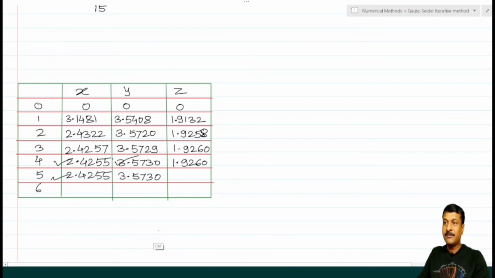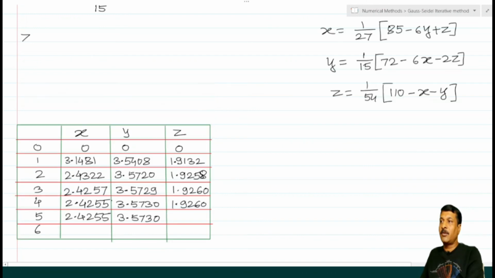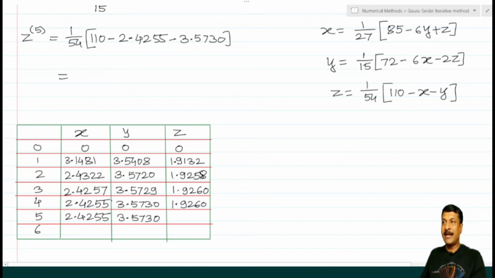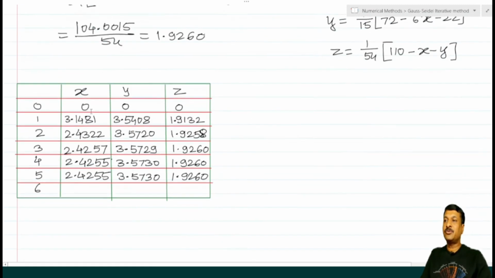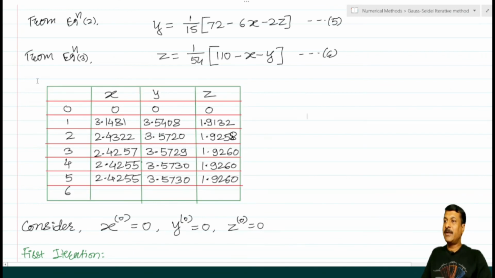You can find it out, or directly you can write. So z value at fifth position is 1 by 54 in bracket 110 minus x value 2.4255 minus y value 3.5730. So I am getting this value directly by calculator, 1.9260. So you complete your table here.